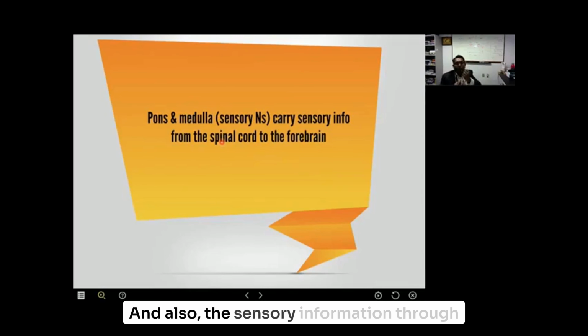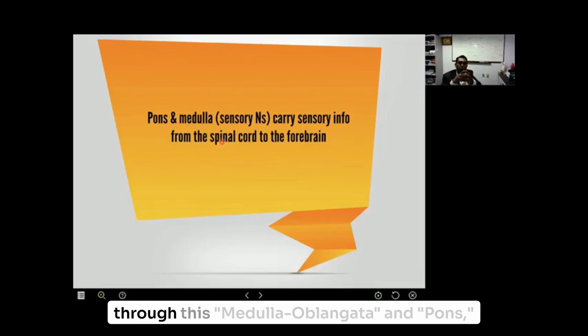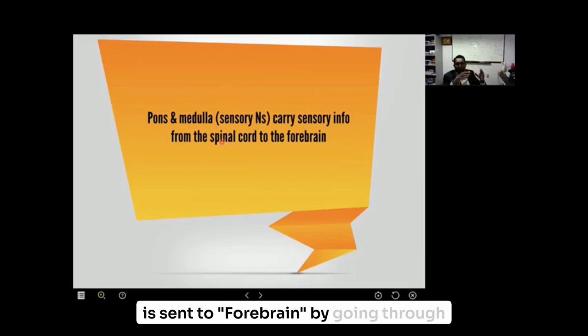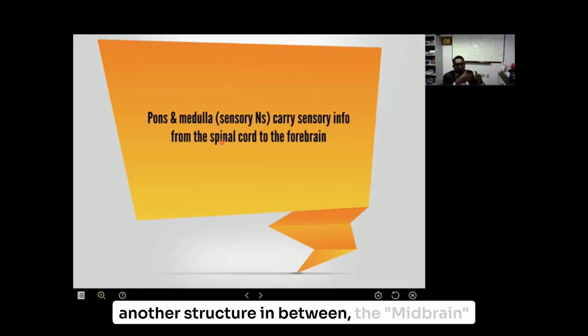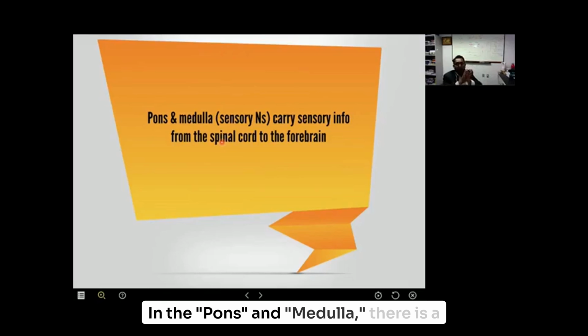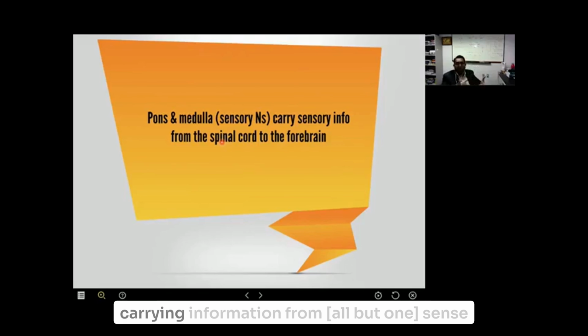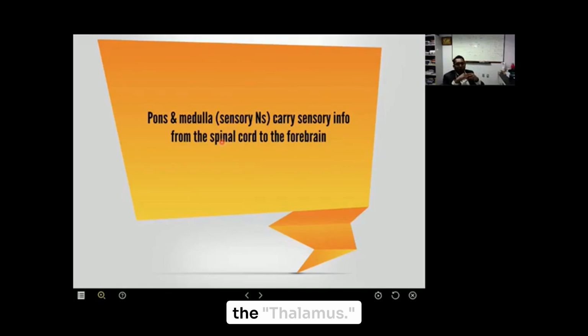Also, the sensory information through the spinal cord fibers goes through the medulla oblongata and pons and is sent to the forebrain by going through another structure between the midbrain and thalamus. We'll talk about that in a second. In the pons and medulla, there is a crisscross of sensory fibers carrying information from all but one sense organ. Eventually, that information is brought to the thalamus.